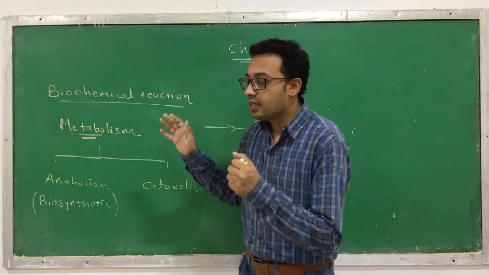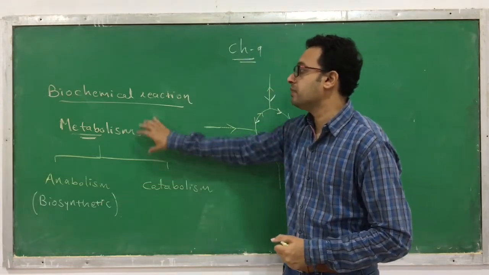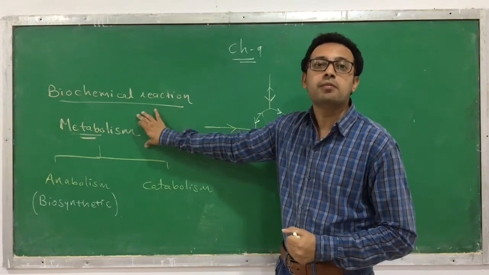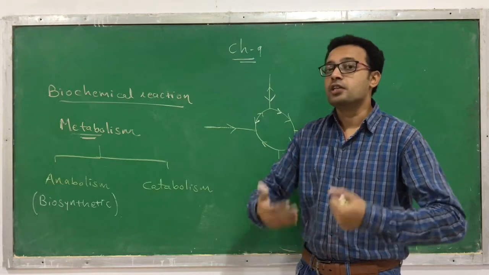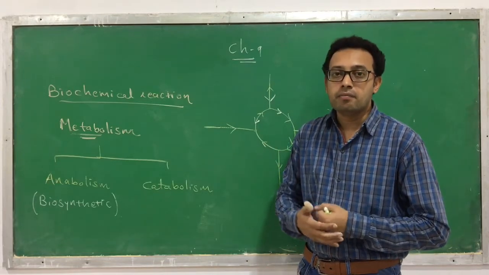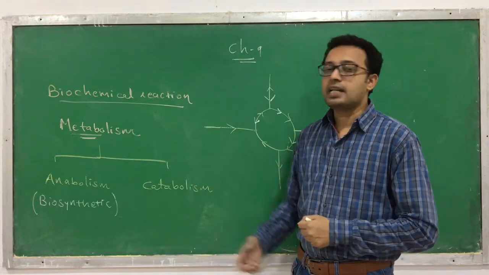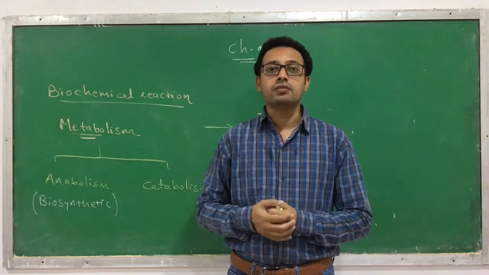But ultimately in this chapter we have to learn that anabolism and catabolism together constitute metabolism. Anabolism is the biosynthetic process where new molecules are made by the body, whereas catabolism is a degradation process where molecules get broken down.